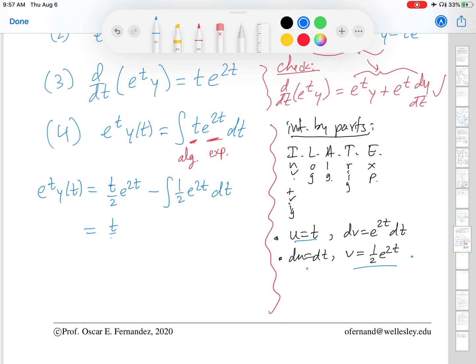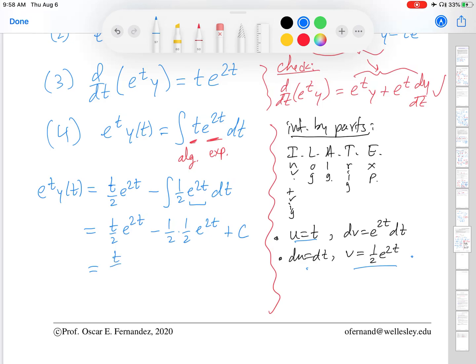Okay, great. So the first part of this is not being integrated, so that's done. And then again, we're integrating e to the 2t, so that brings out another factor of 1/2. So e to the 2t. And here I am going to put the plus c, right? Because we are now solving the first order linear ODE, which does have this arbitrary constant in it.